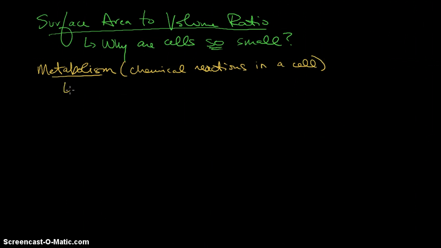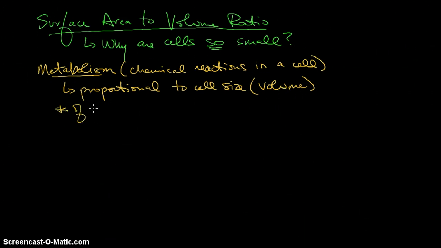What's important here is that this is proportional to cell size, specifically the volume, if we measure cell size by volume. So there's a direct relationship between how much volume a cell has and how quickly it's metabolizing. But of course, I'll put a little star here.